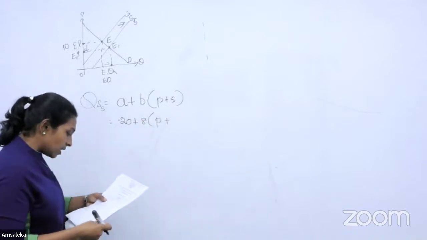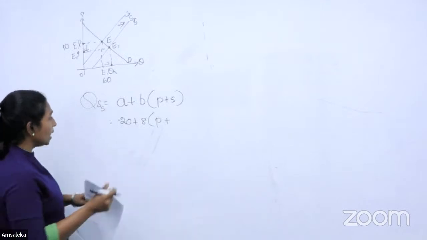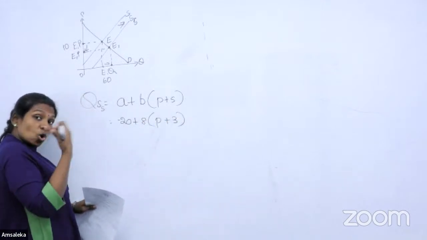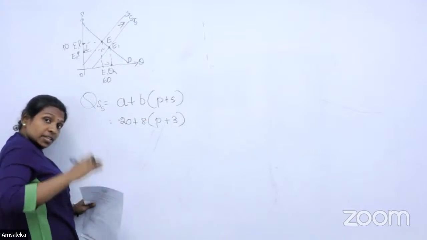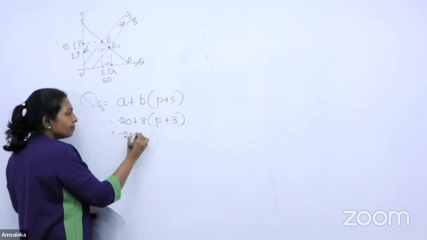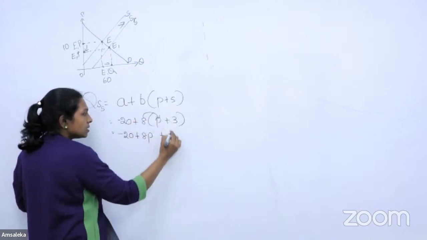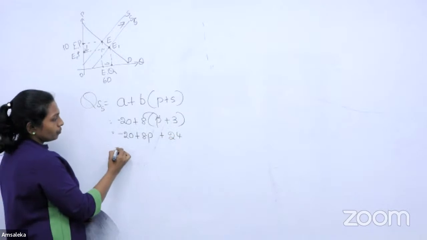Subsidy. Therefore, minus 20, already 8 is there. Now, the unit subsidy given is 3 rupees. Okay, 3 rupees subsidy. Subsidy means your quantity supplied will increase. Tax means quantity supplied will decrease. Minus, here plus. Then minus 20. All pluses, no? 8p. This becomes 24.